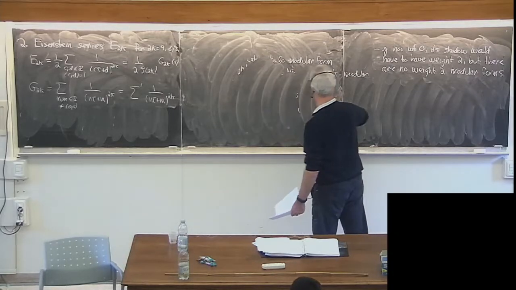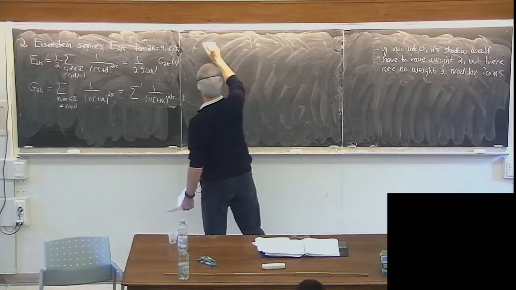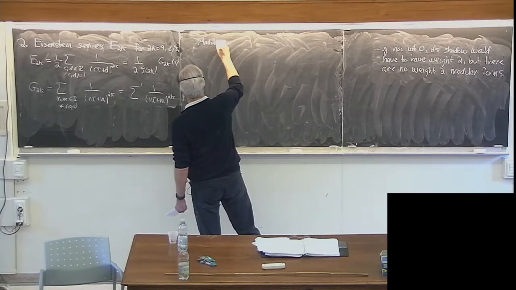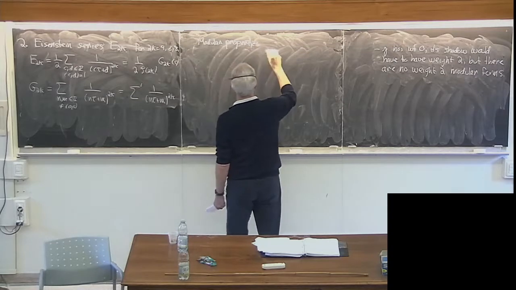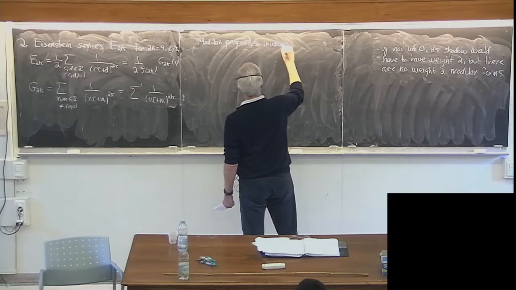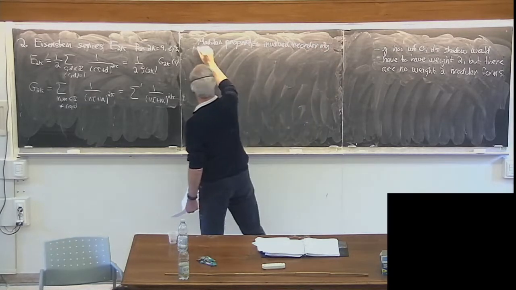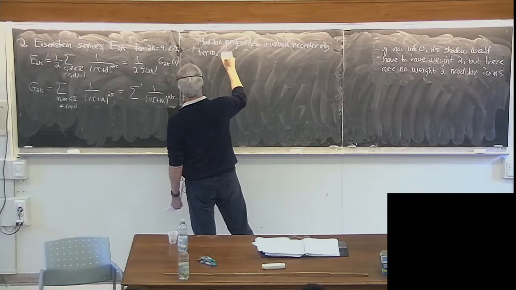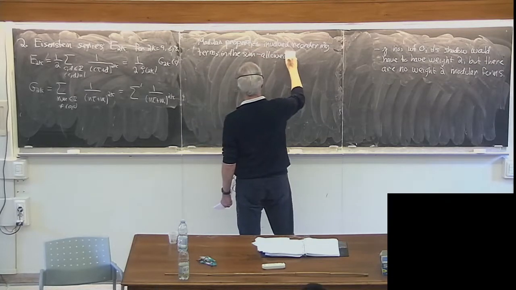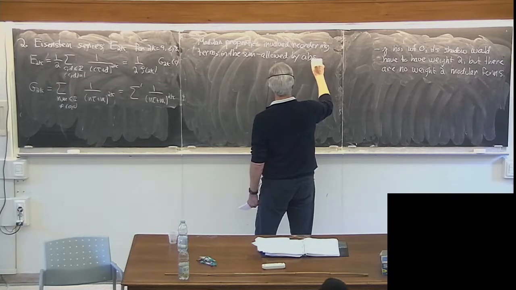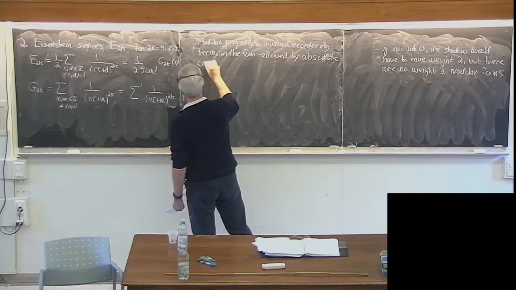Now, when I did the analysis of the modular properties of these, demonstrating the modular properties involved reordering terms in the sum, and that was allowed because for those values of k, the sums were absolutely convergent.